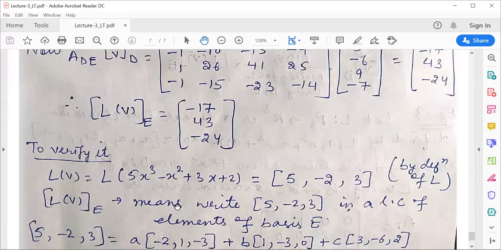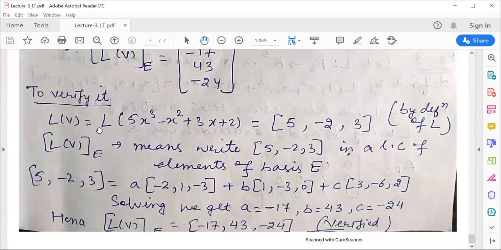If you want to calculate it directly, firstly calculate the image of this vector, by the definition of L. Now to calculate the coordinate vector of L of V with respect to the ordered basis E, we need to write this as a linear combination of elements of basis E. That means writing 5 -2 3 as a linear combination of elements of E. Here also you can observe that you will get the values of A as -17, B as 43 and C as -24.